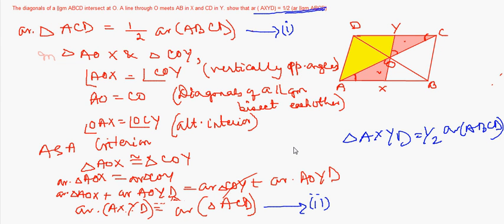I hope you followed it. Not that difficult as it seemed to us at the first go. Let's move on. We take a third question. I just quickly write down the question.